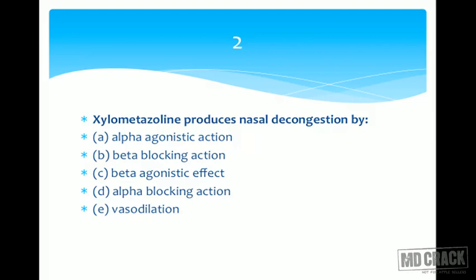Forget about xylometazoline, he wants to know what mechanism produces nasal decongestion. There are two receptors paired with the words blocker and agonist: alpha agonist, alpha blocker, beta agonist, beta blocker. And the last one is vasodilation.